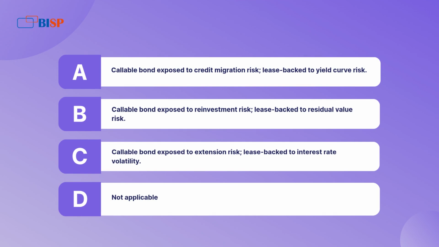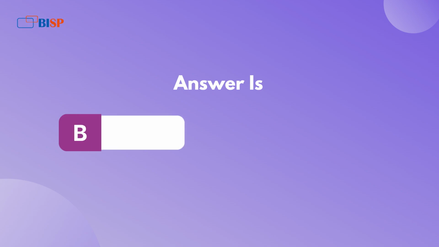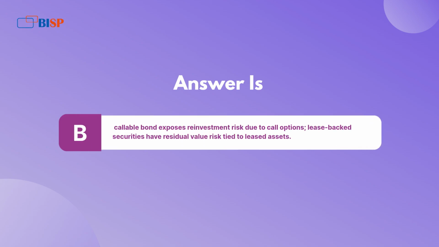C. Callable bond exposed to extension risk, lease-backed to interest rate volatility. D. Not applicable. Answer is B. A callable bond exposes reinvestment risk due to call options. Lease-backed securities have residual value risk tied to leased assets.